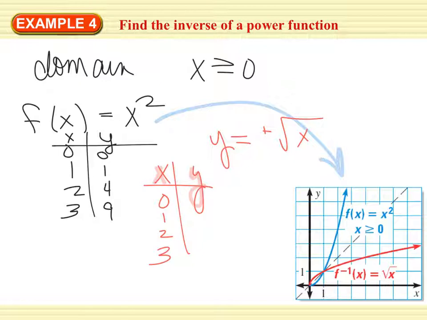If I plug in 0, I get 0. Plug in 1, I get 1. 2, square root of 2, square root of 3, etc. So that right there is going to be my red graph. This right here is a square root function graphed. Only the positive values. Okay? Those are functions as long as we restrict our domain.